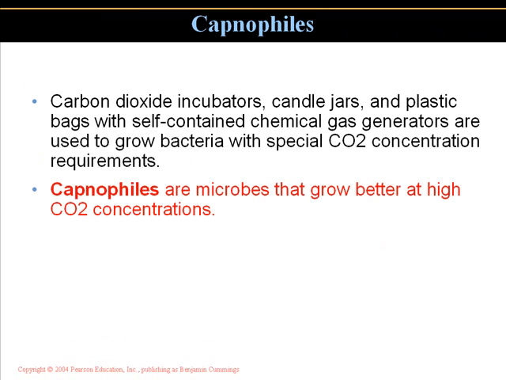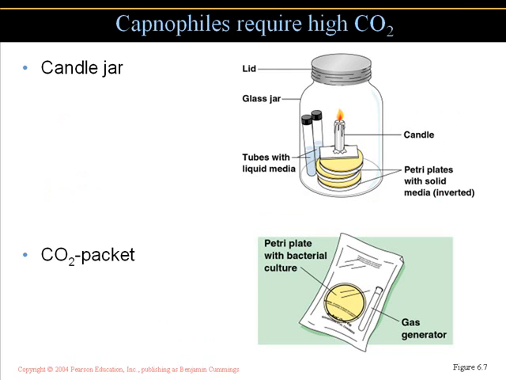Carbon dioxide incubators, candle jars, plastic bags, and self-contained chemical gas generators are used to grow bacteria with special CO2 concentration requirements. Capnophiles are microbes that grow better at high CO2 concentrations. I haven't seen this utilized in a while, but it's probably still out there.